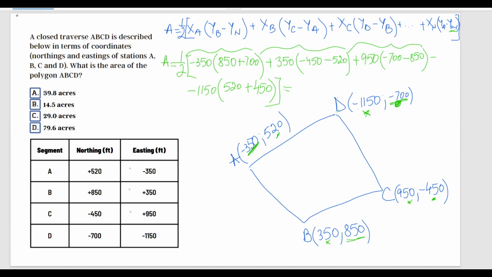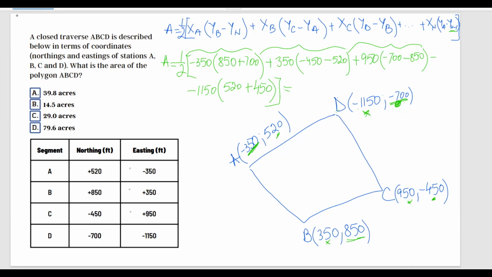So I have 520 positive value, 450 positive value plus, okay, 1150 negative value, multiply, and now plus.